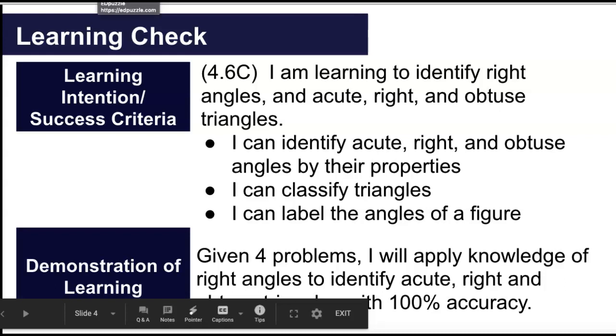Yes, we did. Did we identify acute, obtuse, and right triangles? Yes, we did. Can you identify acute, right, and obtuse angles? Yes, you can.